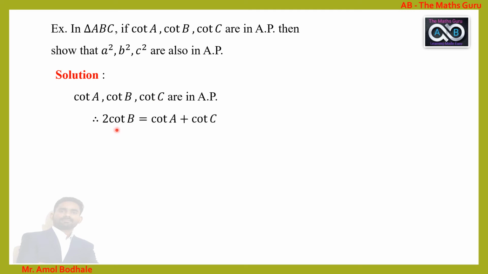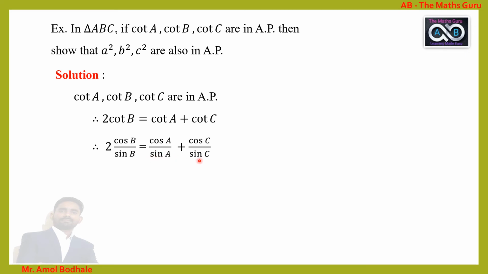Therefore 2 times cot B equals cot A plus cot C. Now we can write the cot function in terms of cos upon sine, that is 2 times cos B upon sin B equals cos A upon sin A plus cos C upon sin C.